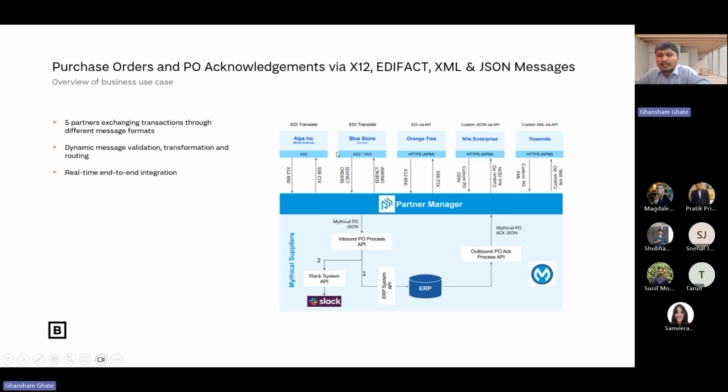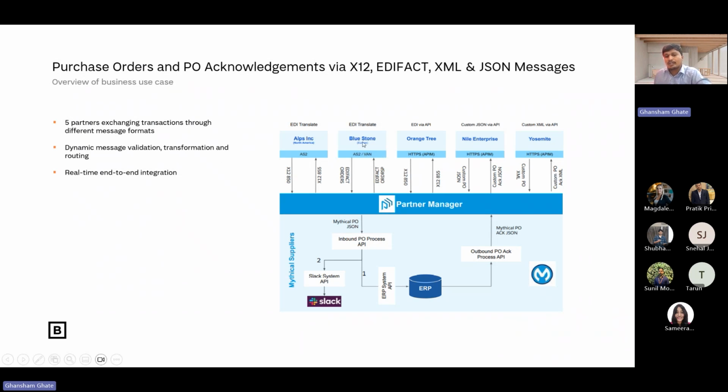So now we again have a new use case where the partners are communicating with partner manager with different protocols along with different message types as well. For example, we have Alps Incorporation, Bluestone, Orange Tree, Nile Enterprise, and Yosemite. Alps Incorporation communicates via AS2 protocol and it sends the data in an EDI document which is X12 850.